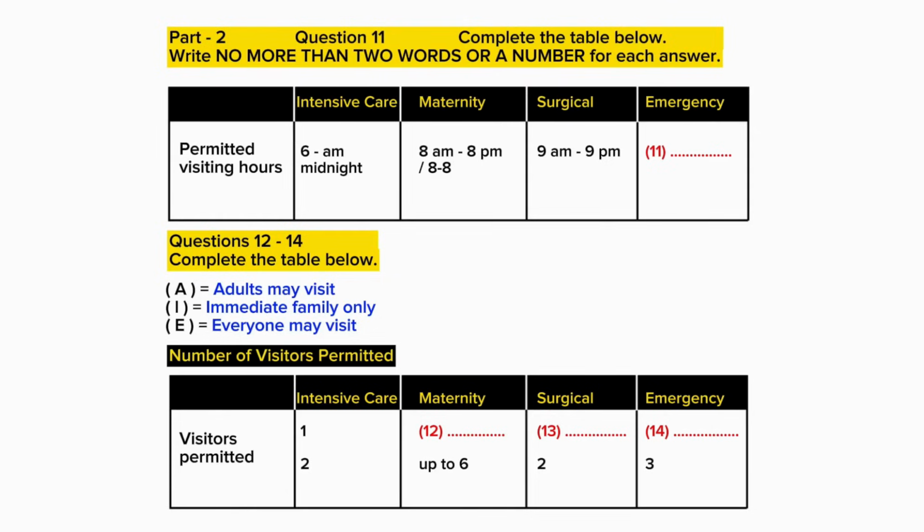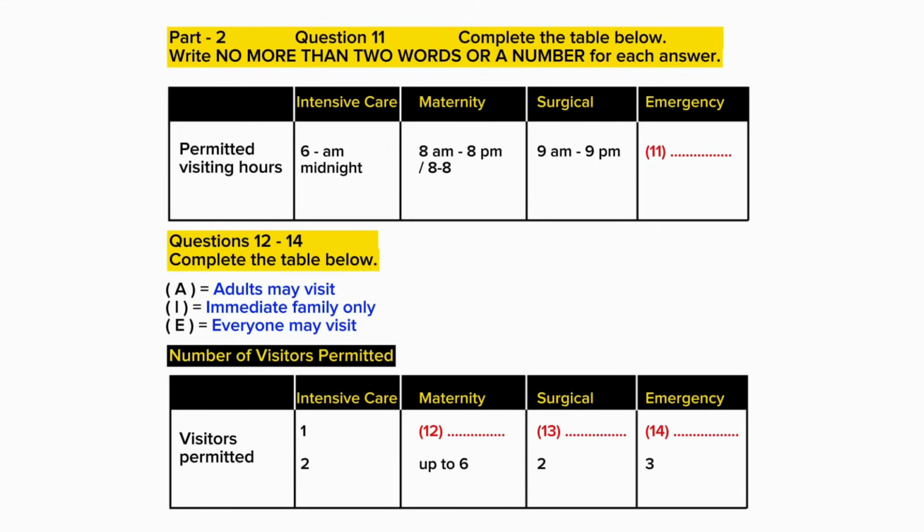What about children in maternity? Of course we let them in. They're very pleased to see their mothers. The rule in maternity is everyone may visit, up to 6 people at a time. The maternity ward is quite sociable after all. The surgical ward must be different. It is indeed. We don't allow children in the surgical ward because of the danger of infection. And as you know, we restrict the hours.